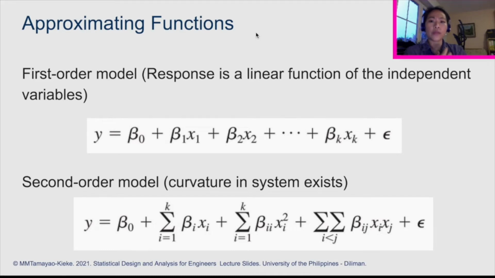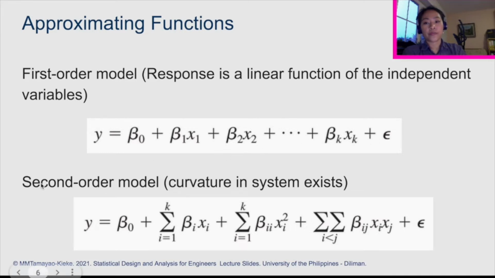Okay, now in most RSM problems, these two models are enough to approximate the function. So we have the first order model where the response is a linear function of the independent variables, which is of course familiar to you. You can express it as such. So you have the betas as the parameters corresponding to the different independent variables x1, x2 to x sub k.